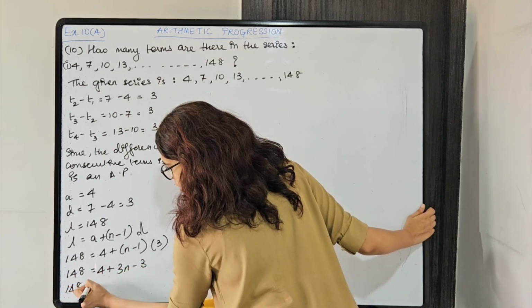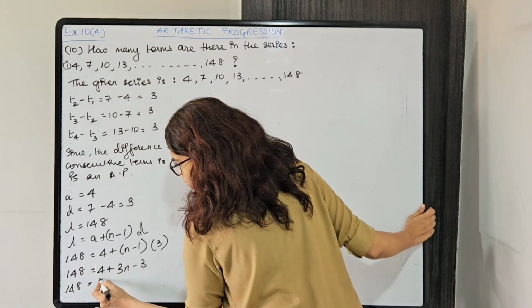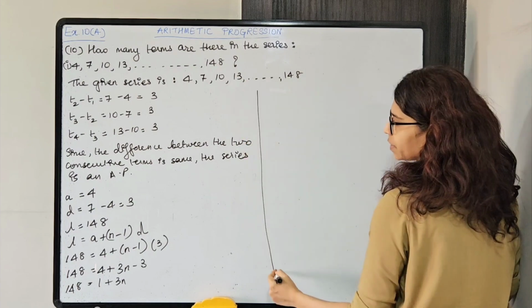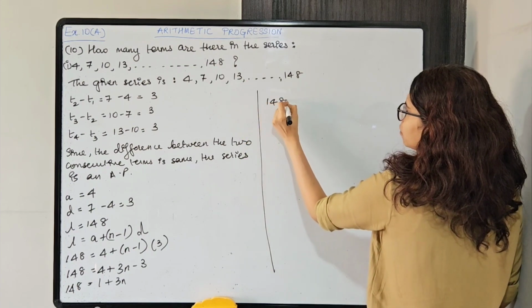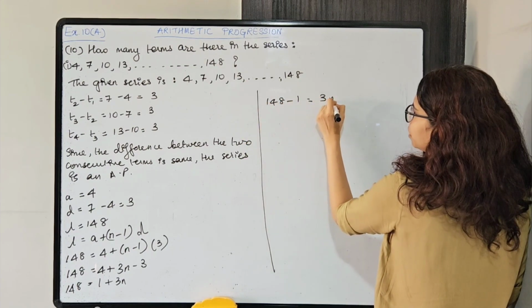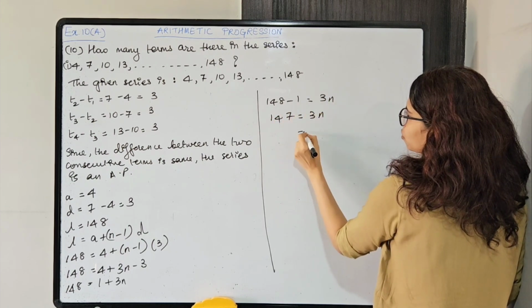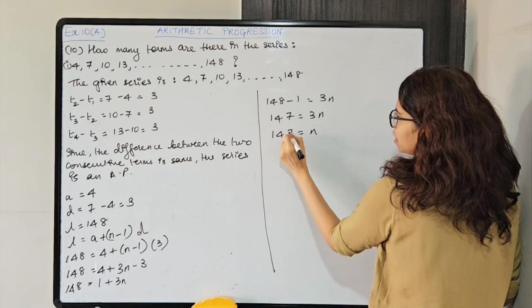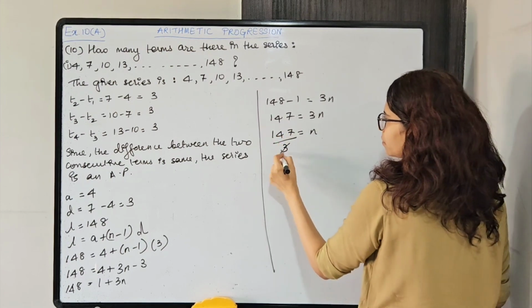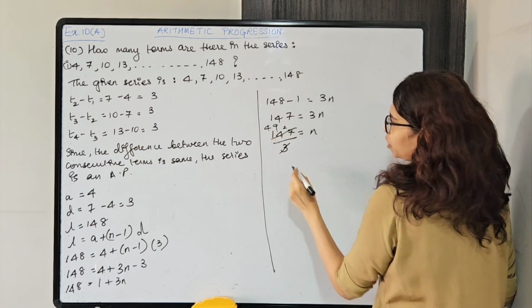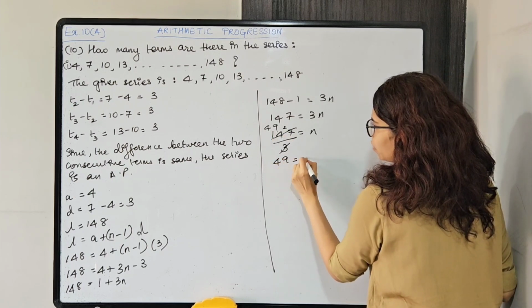So 148 is equal to 4 minus 3 gives 1, plus 3n. Shifting 1 on the other side, subtract हो जाएगा, 148 minus 1 is equal to 3n, so 147 is equal to 3n. Shifting 3 on the other side, divide हो जाएगा. 3 4s are 12, 27, 3 9s are 27. So 49 is equal to n.